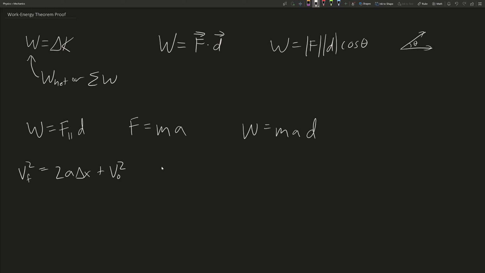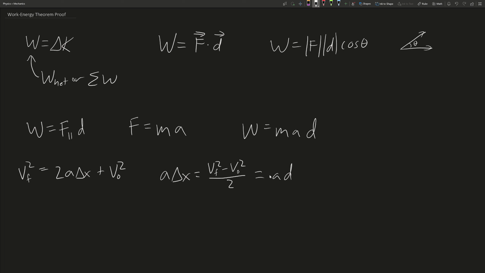Rearranging this, we find that acceleration times displacement is equal to the difference of the final velocity squared and the initial velocity squared over 2. Now, displacement here can be written as distance if we assume that the acceleration is constant and the velocity doesn't flip signs. So that means that this is equal to AD.